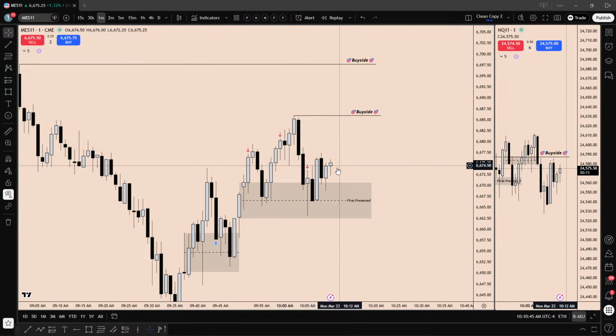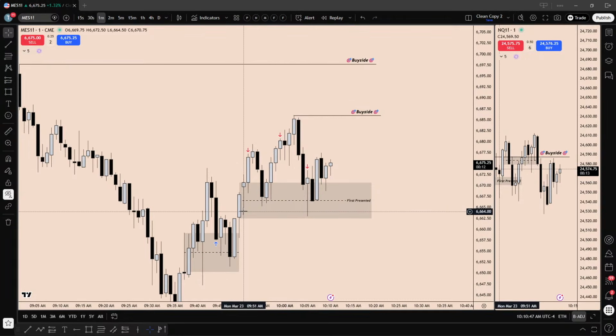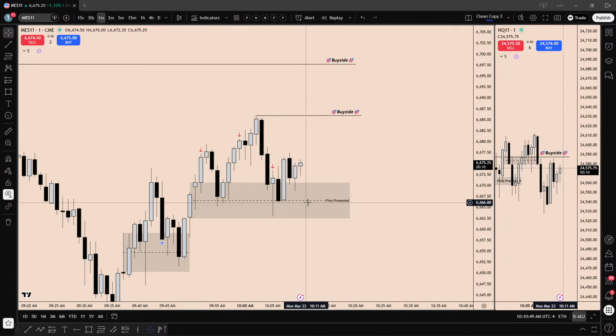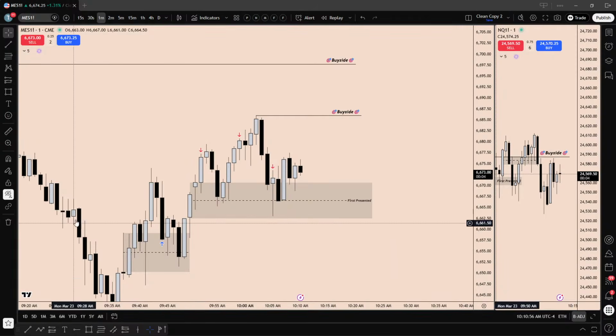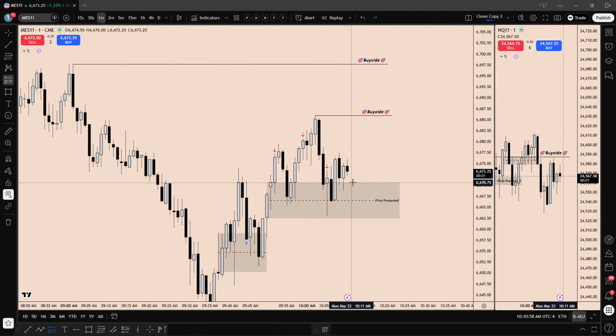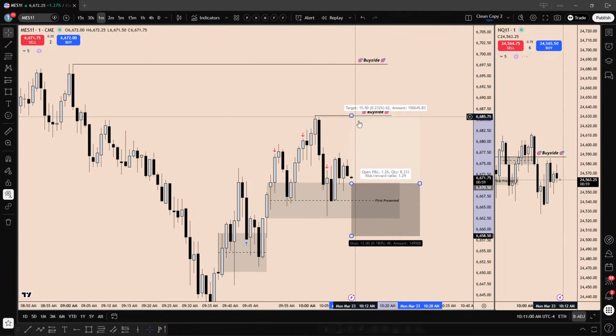So we would like to see that hold, especially as we now run out the low here, deliver into this lower inefficiency. Down close candle, rejection, no wick to the downside, straight displacement higher. So we'd favor a little, maybe a first presented tap, release into buy side type delivery.